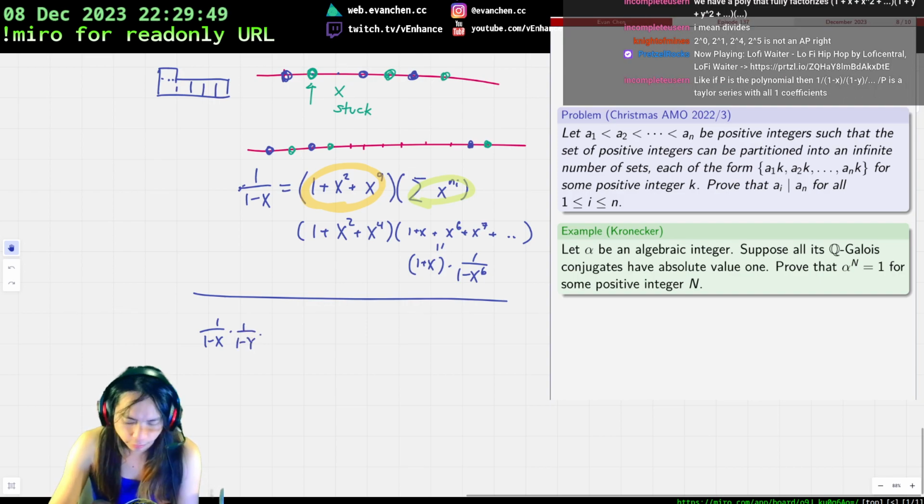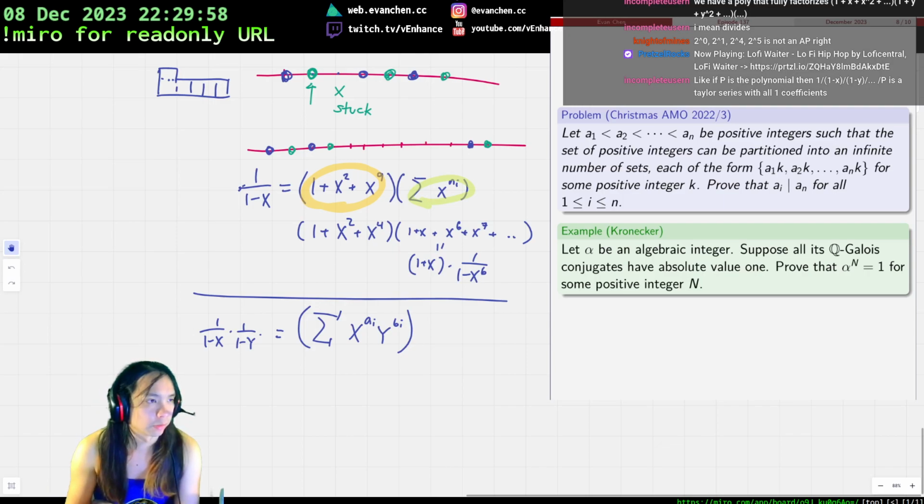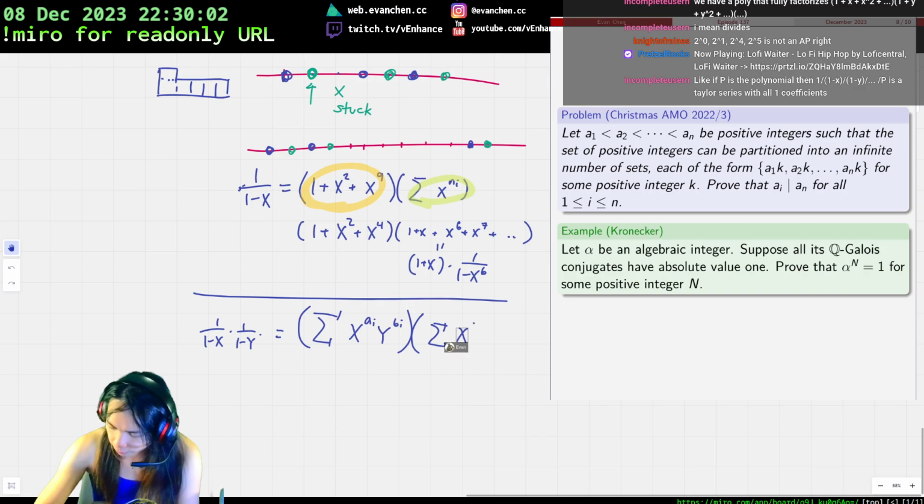Let me just write the two variable case for concreteness. Again, you have a_i, y, b_i, some finite thing that looks like this. These are your things, and then also some x, some infinite set like this.